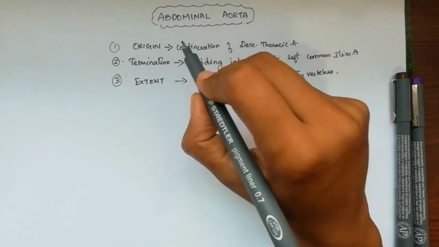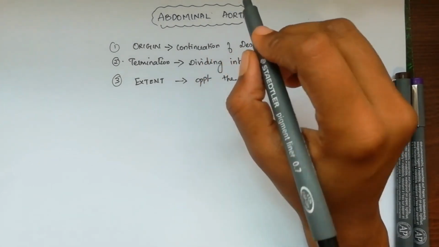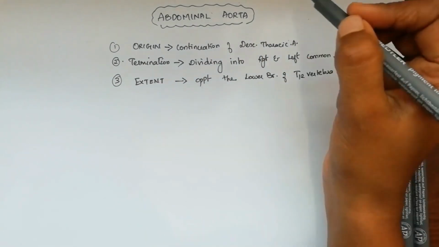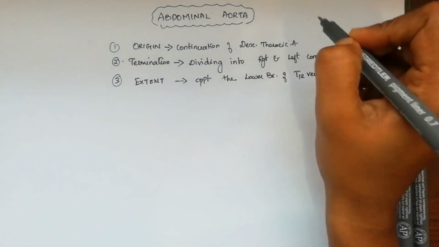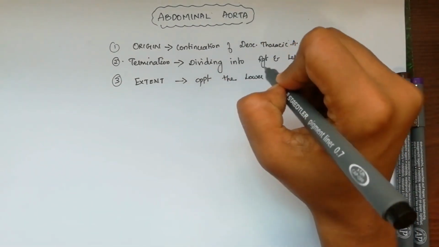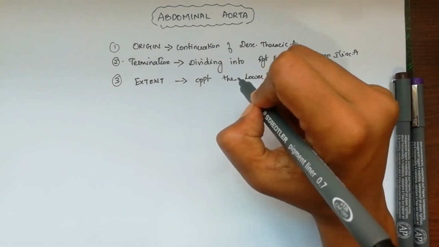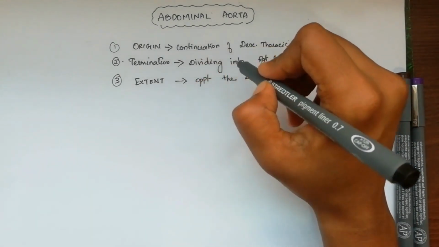Along with that, the arteries passing to a particular region give some important branches, and we look at where these branches supply. These are the major parts of the explanation of an artery. So in today's topic we are going to deal with the abdominal aorta.